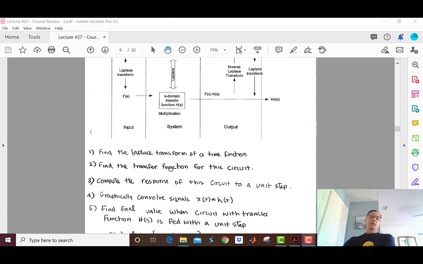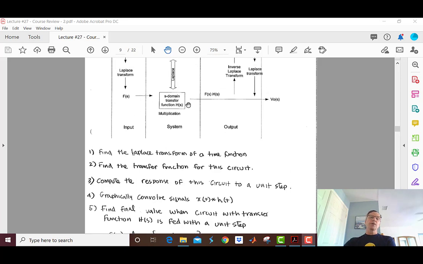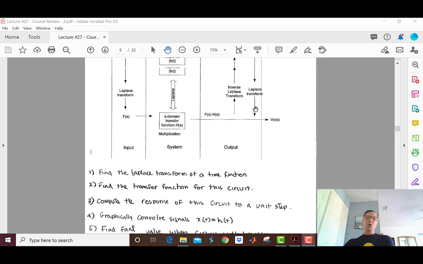Another thing we did is we found the final value and the initial value of circuits from their S-domain representation. The value of this is you could look at an S-domain function and say, I know if I invert this S-domain function, or take the inverse Laplace transform, I'm going to get the time domain output for any time I want.